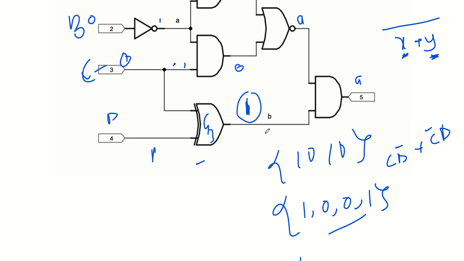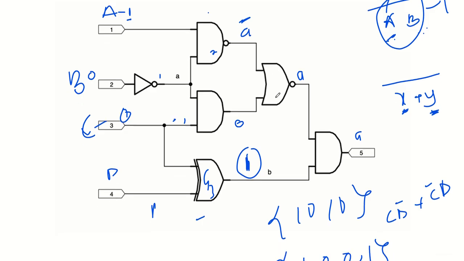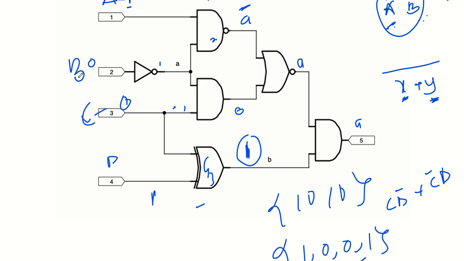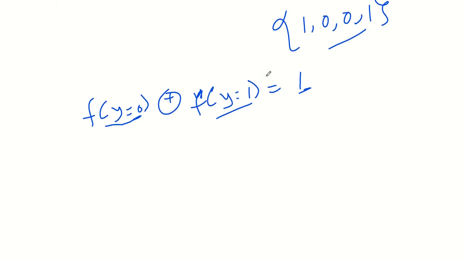Realize that at the top here you have A and B bar, because the B is going through an inverter, so A and B bar feeding into a NAND gate, and you have B bar and C feeding into the NOR gate. So let's write it down.